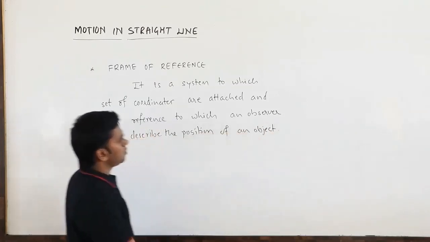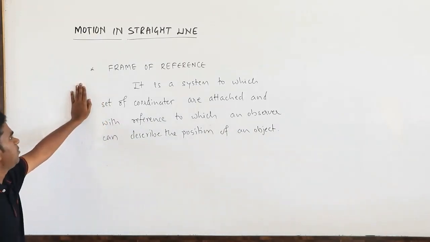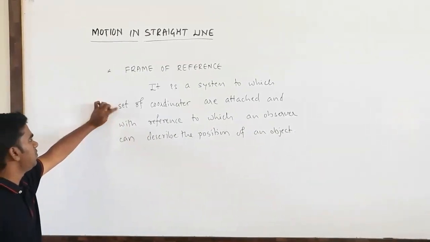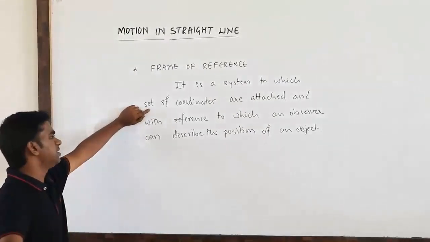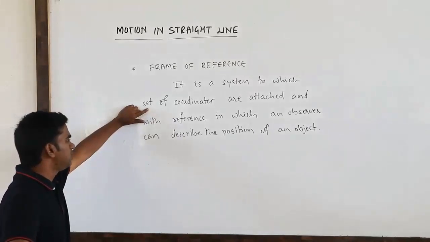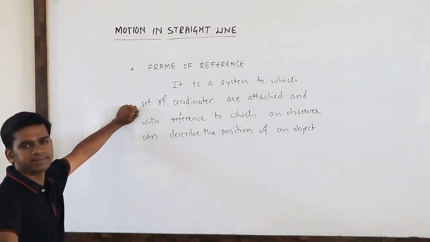Okay, so this is the definition of frame of reference. It is a system to which a set of coordinates are attached, and with reference to which an observer can describe the position of an object.